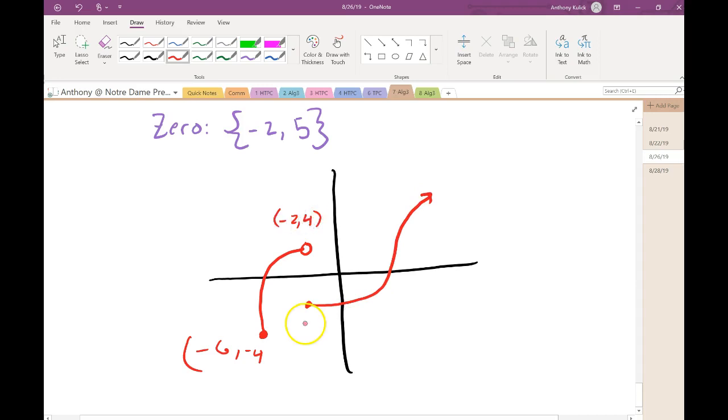But if you understand this one, you should be pretty good. I think that's labeling everything that we care about there.